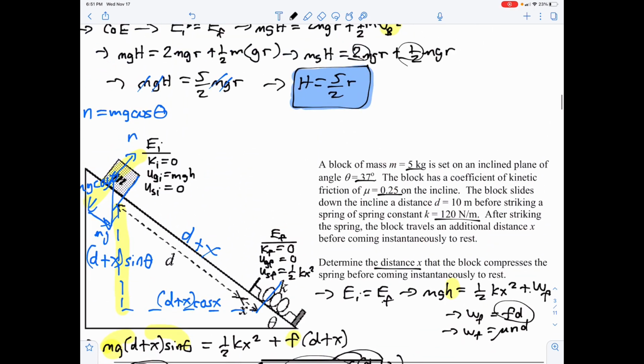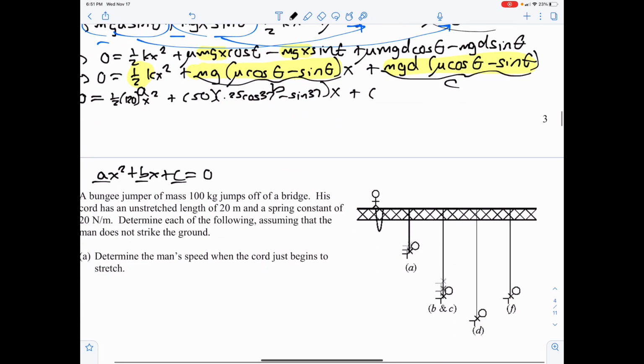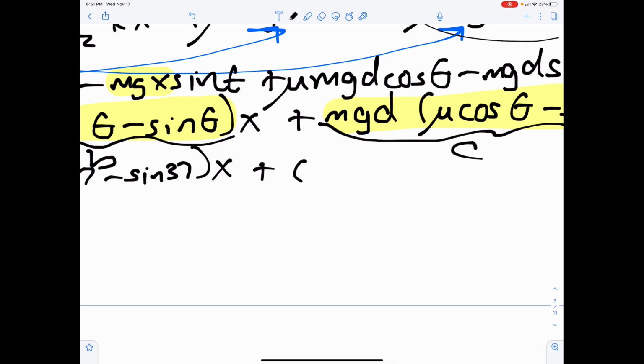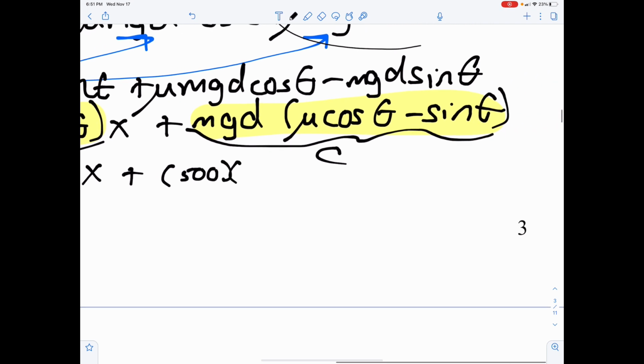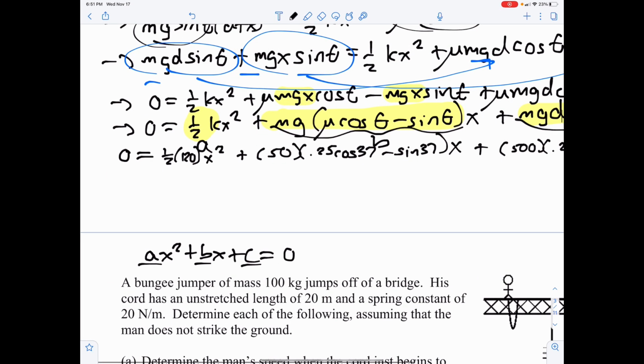And then the last part right here is the mgd part, so 50 times what was the distance? Distance was 10 meters. So 50 times 10 is 500, and then we're going to multiply that times 0.25 cosine 37 minus sine 37. Okay, so throwing this in one more time, we have 60 x squared.